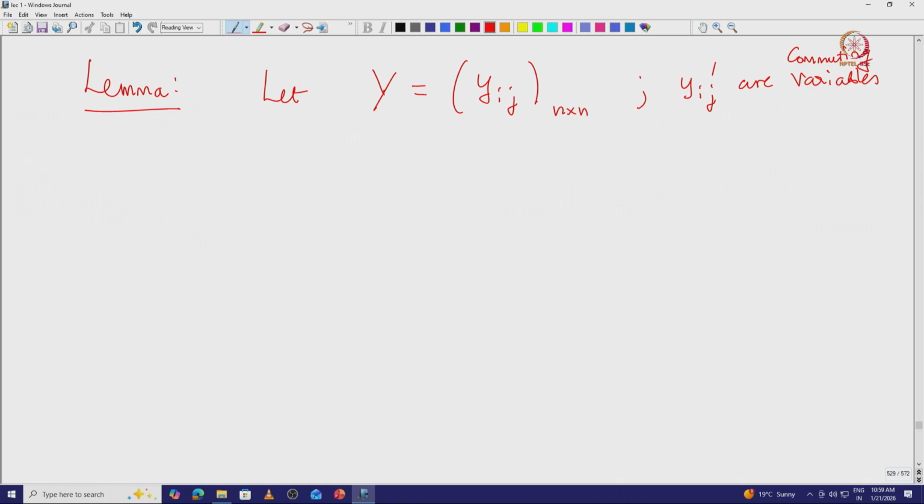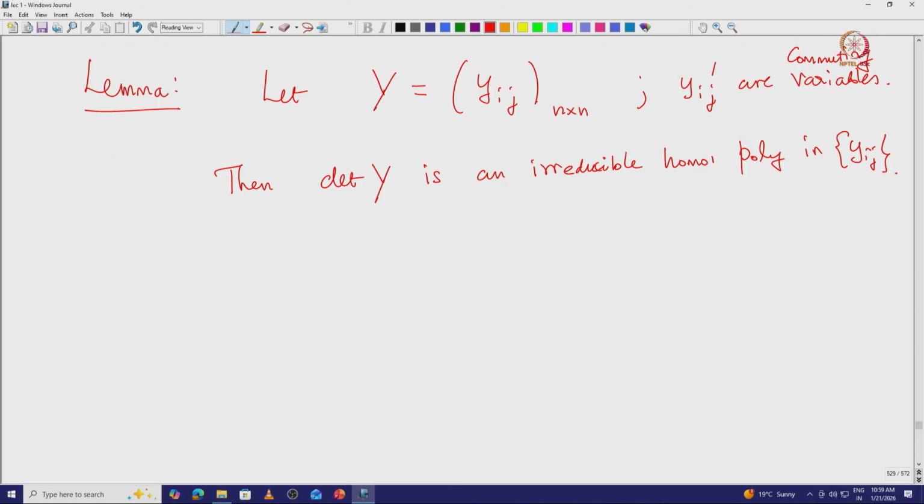Now, given this data, we can construct the determinant of Y. So, this is indeed an irreducible homogeneous polynomial in y_ij.